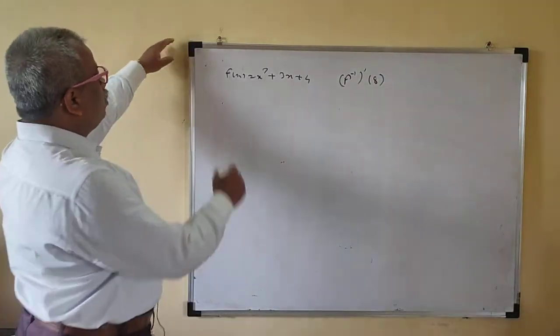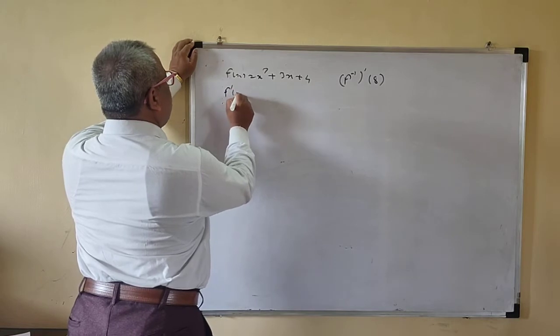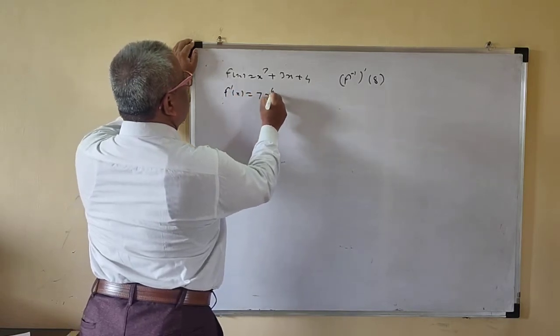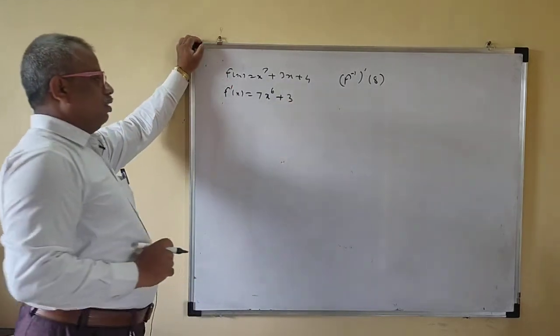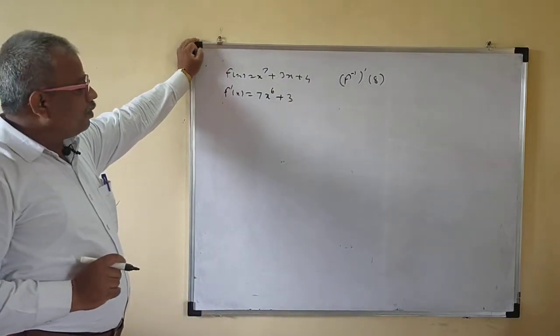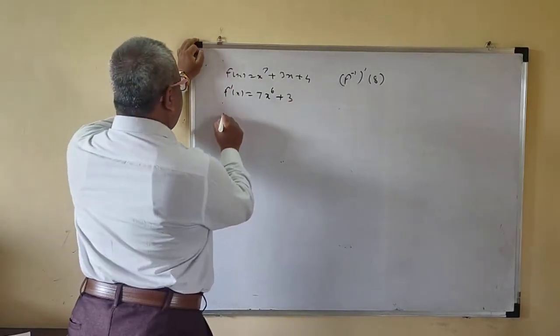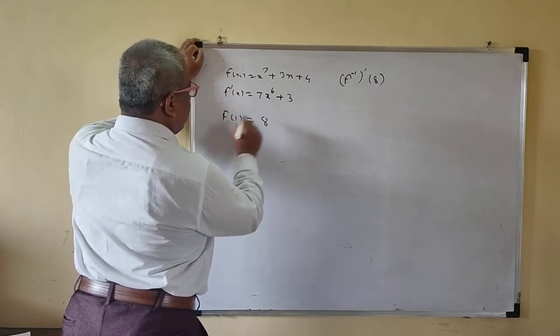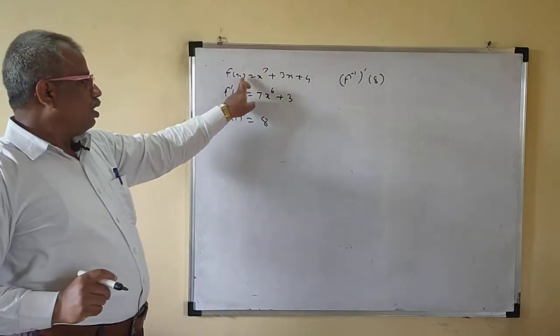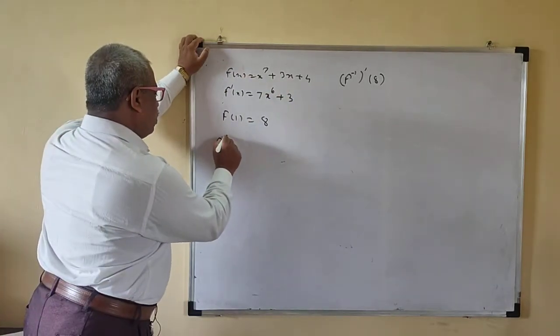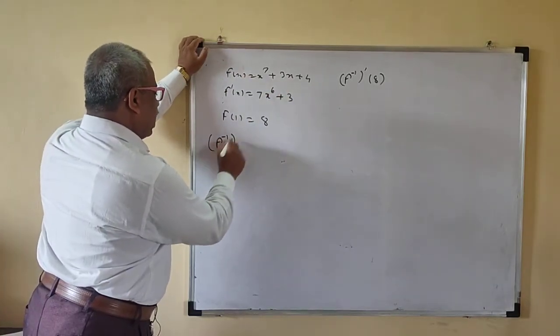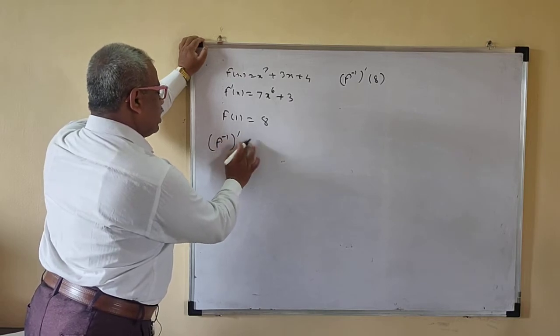This you want. So what is f prime x? Just we find f prime x. So 7x to the power 6 plus 3. Now f of 1 is equal to 8. So put the proper value of x.